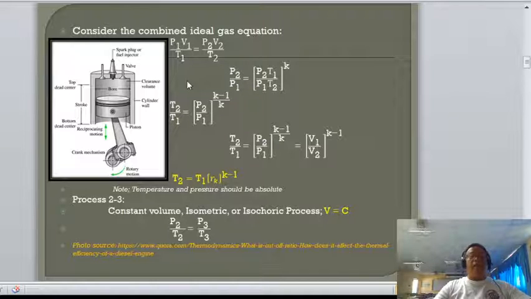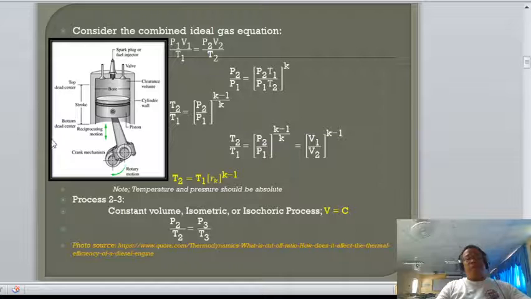Another is process 2 to 3. The process involved for 2 to 3 is a constant volume process. For constant volume, we sometimes call that an isometric process, or sometimes an isochoric process.